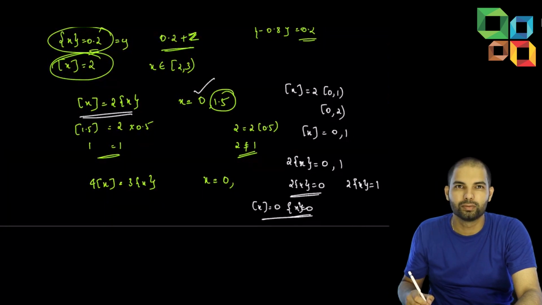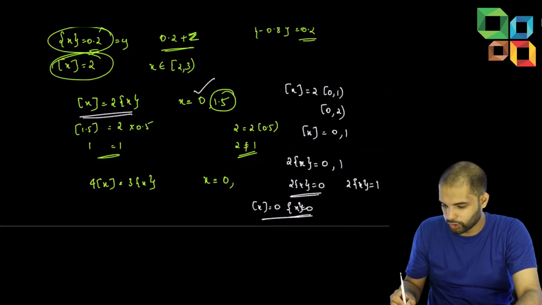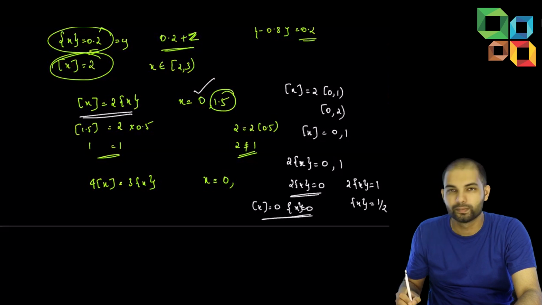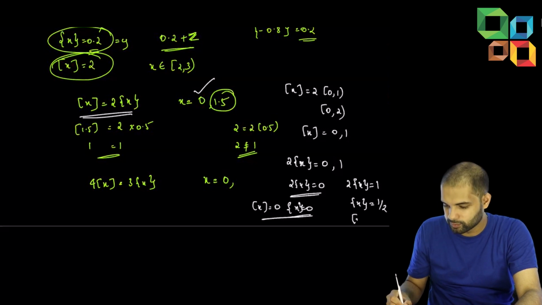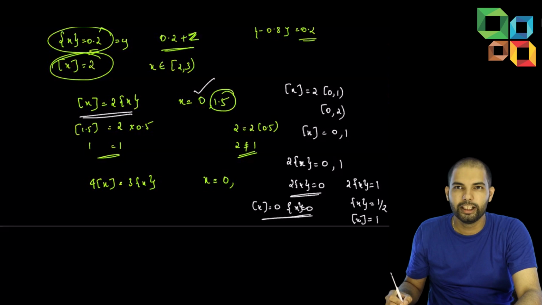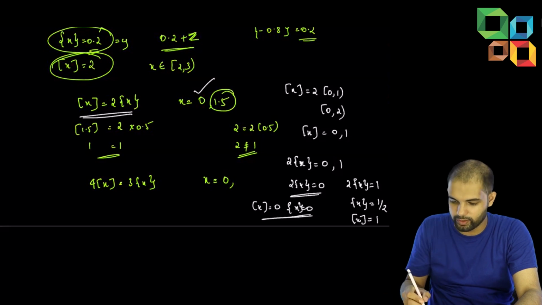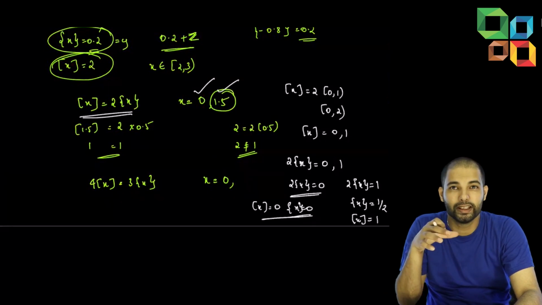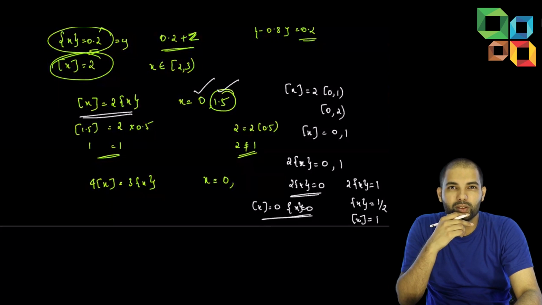The second solution is x fractional part is 1 by 2. What was the integer part? Integer part is 1, right? We have taken it equal to 1, then we have solved it. So what is the second solution? 1 plus 0.5, which is 1.5. We've solved the equation. We have got only two solutions. One is 0, one is 1.5.